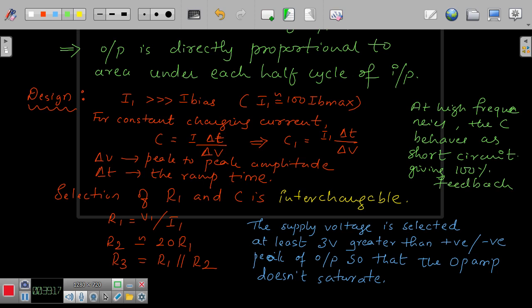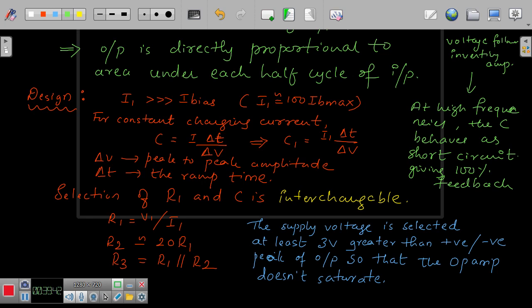So you have either a voltage follower or an inverting amplifier. This is another point to be kept at the back of your mind. I hope you have followed all these things clearly.